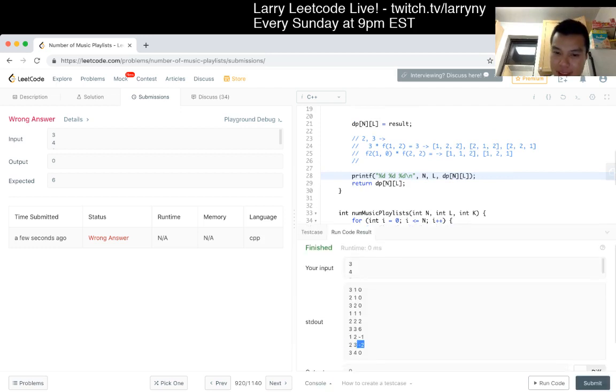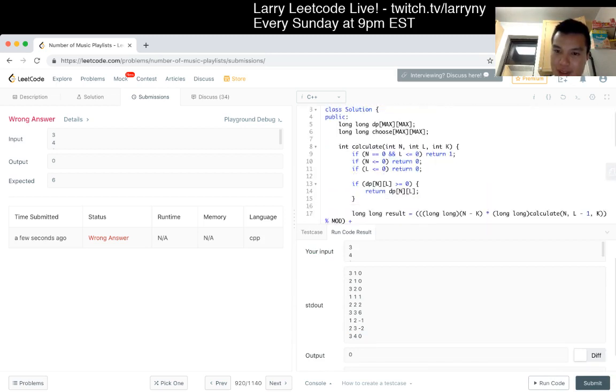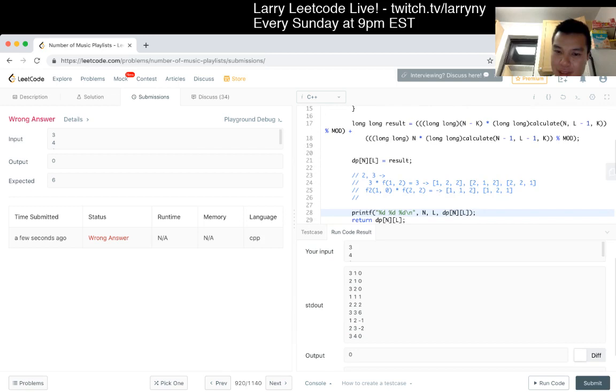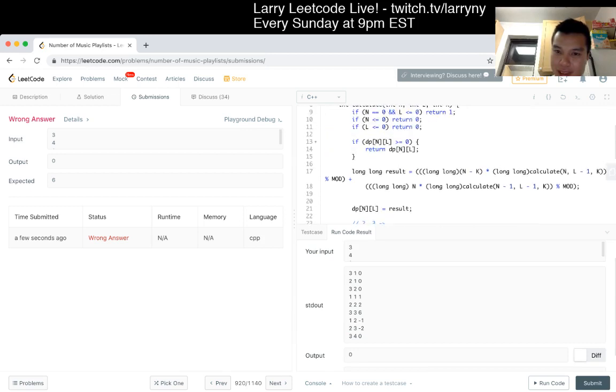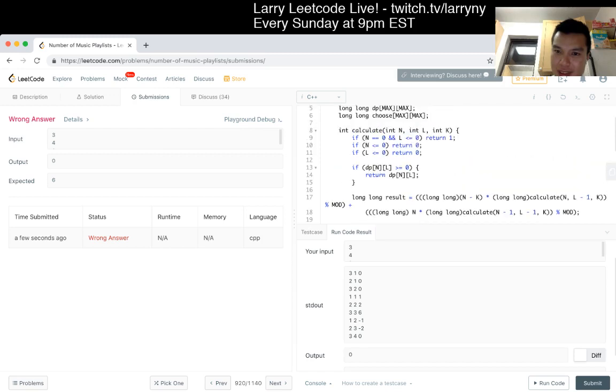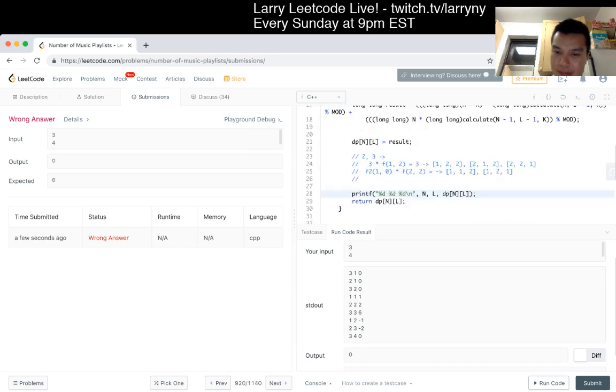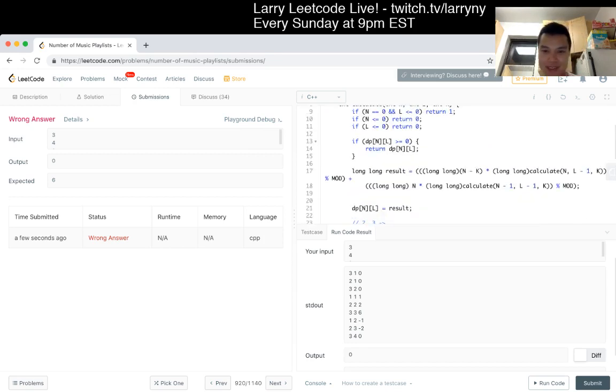Oh, well, that's not good. But what's 2 and 3? 2 songs with blank 3. This is almost right, but not really. Because of this -2, maybe.